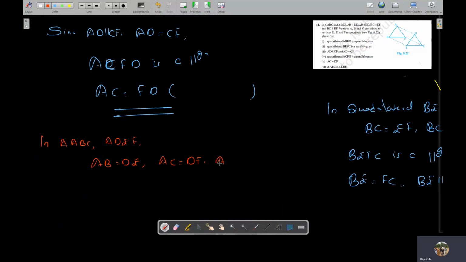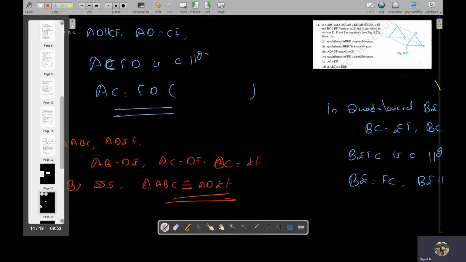Now we proved that AC is equal to DF, and BC is equal to EF, that is given. Therefore, by the SSS congruence rule, triangle ABC is congruent to triangle DEF.